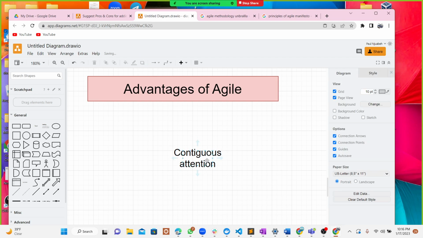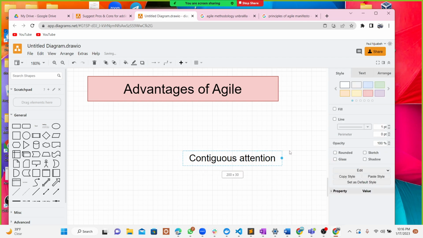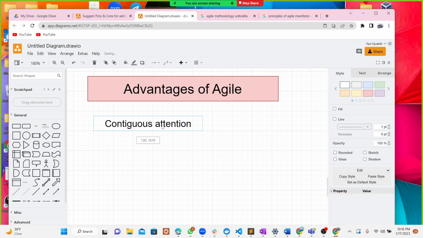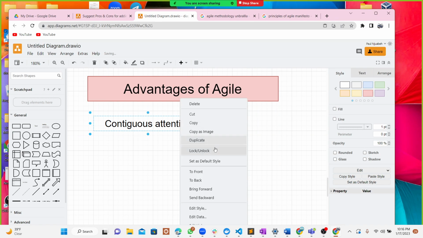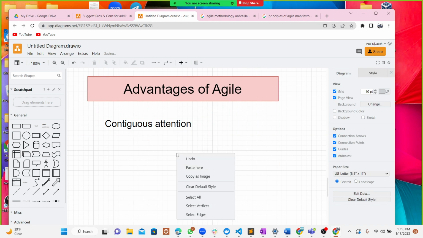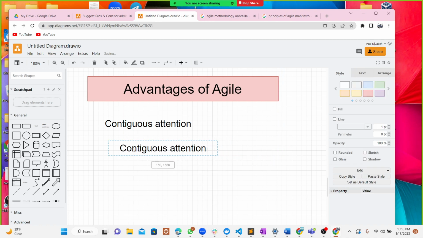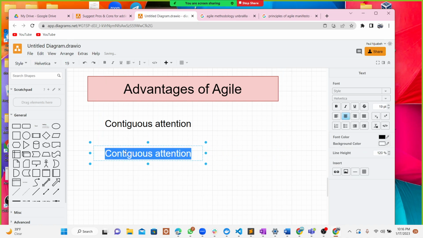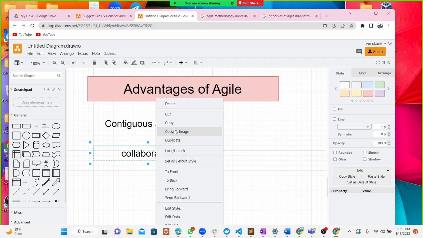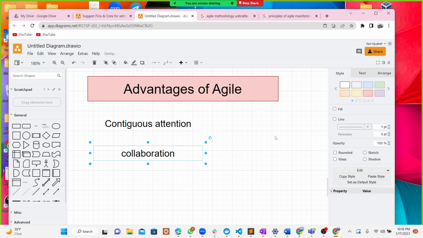There's a lot of collaboration among the team members. Then the good news is that it is flexible. That's one of the advantages as well.